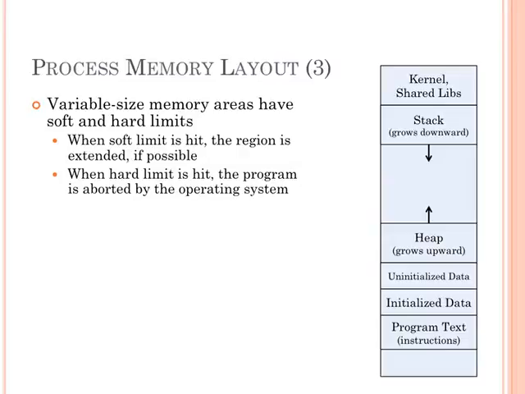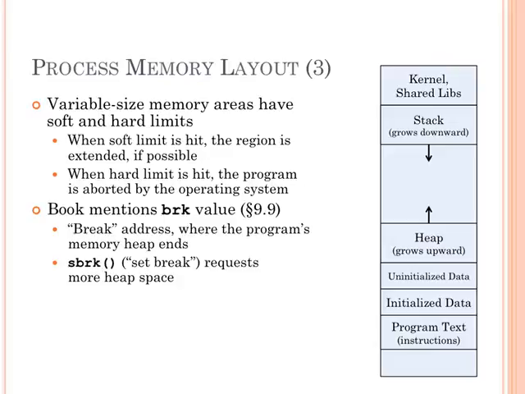So that's a soft limit. I'm able to move it. But at some point, it'll hit a hard limit or a hard stop where it's like, if you go beyond this point, it means you have a problem. Or maybe you reach the point where the address space is full and you just don't have any more memory to allocate. And when you get to that point, the OS will say, sorry, program, you're misbehaving, and it'll go ahead and abort it.